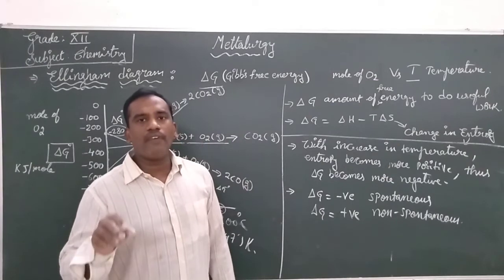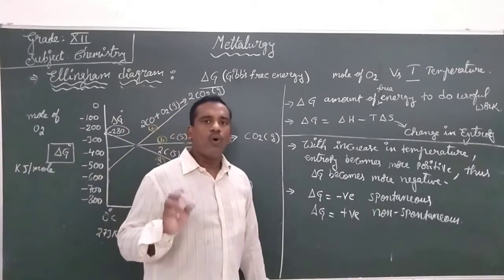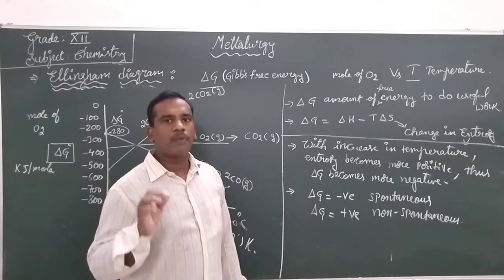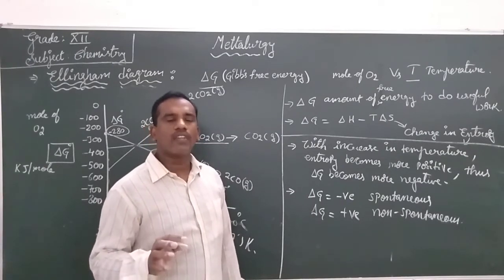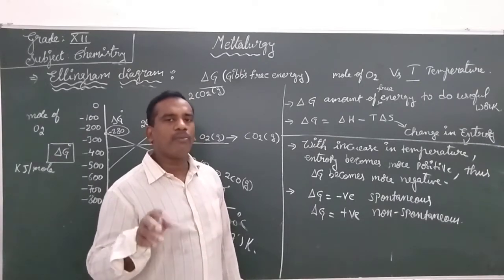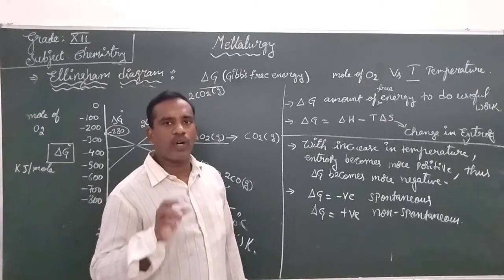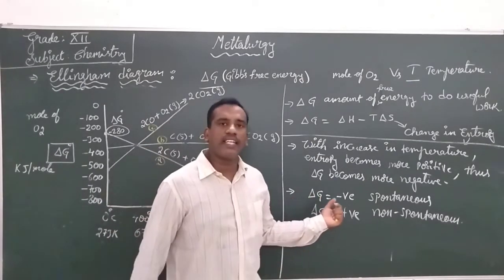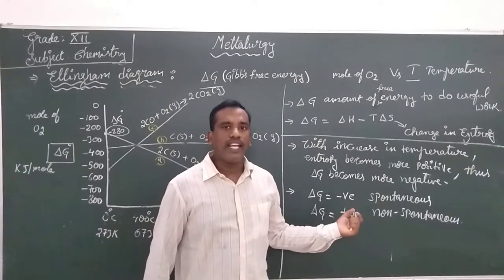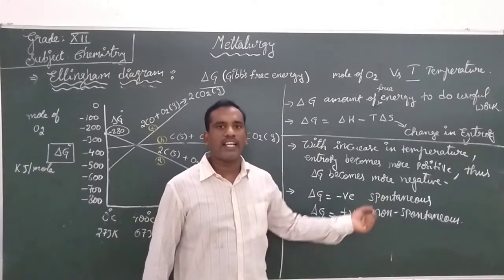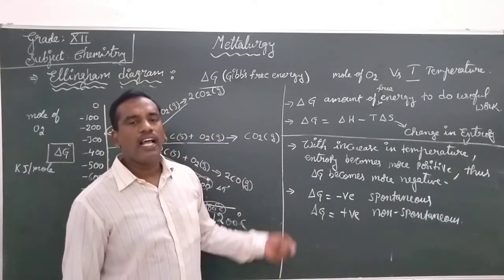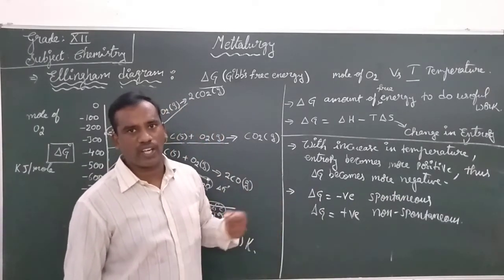By observing the delta G value, we can study whether the reaction is a spontaneous reaction or non-spontaneous reaction. Do you remember in your first year thermodynamics, delta G values, whatever are negative, they are considered as a spontaneous reaction.